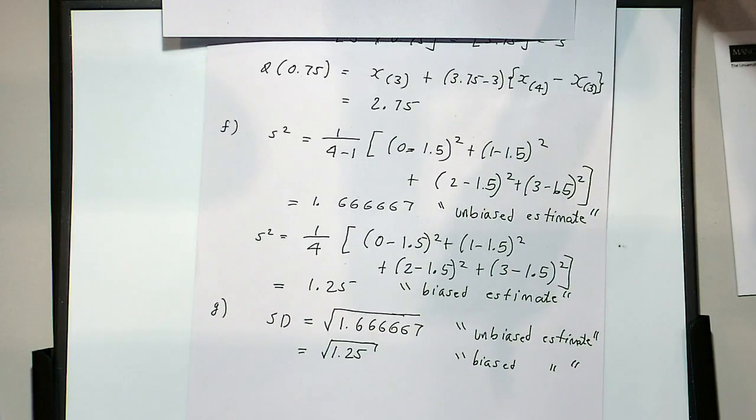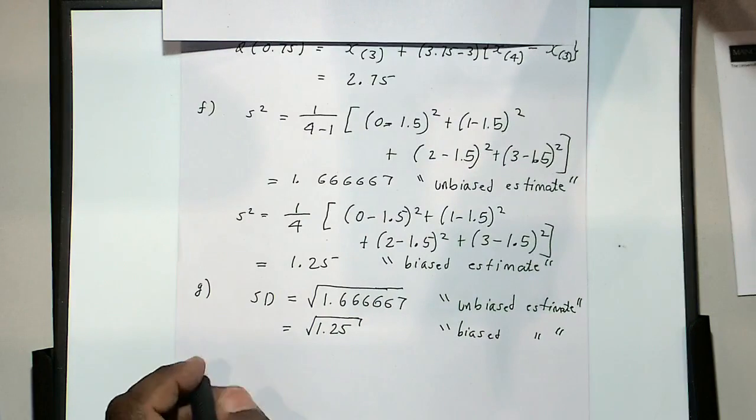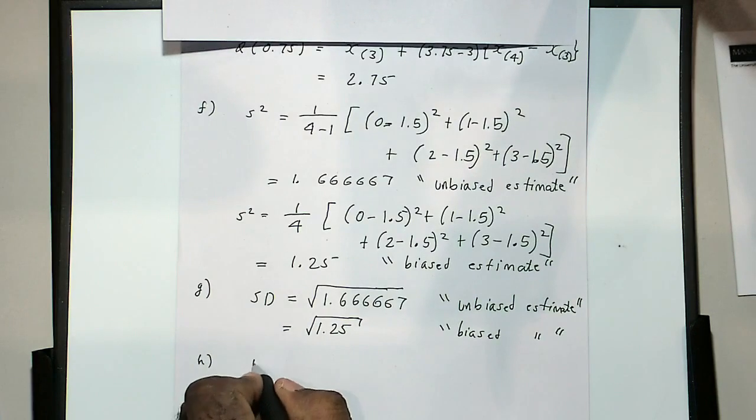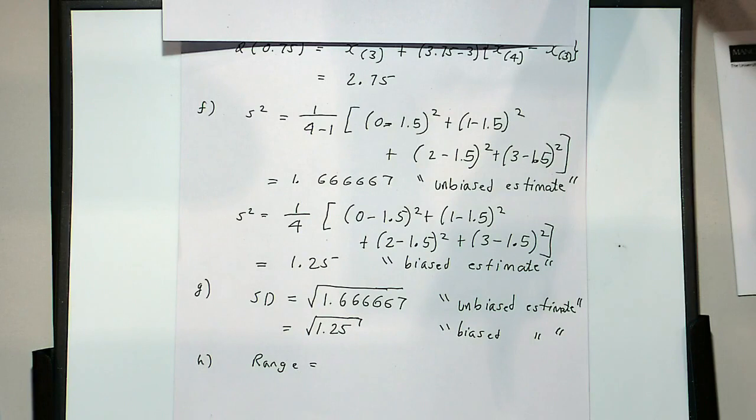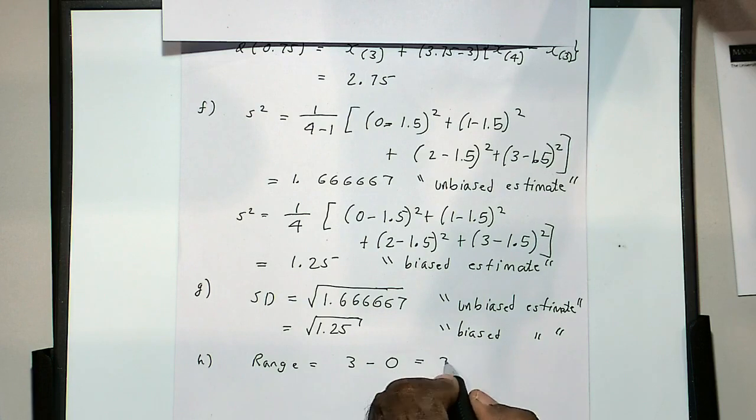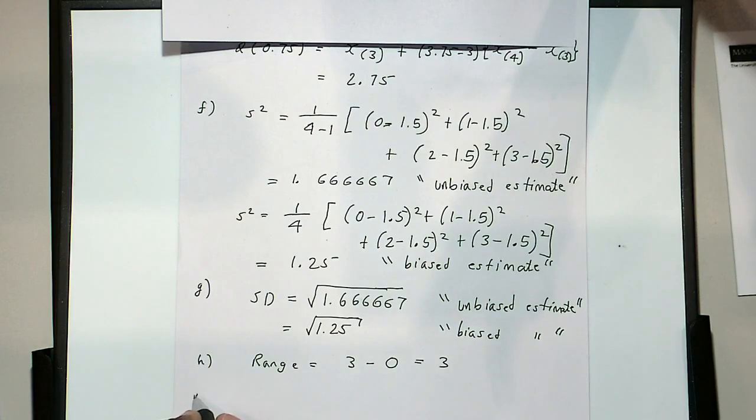And the next one is H, which is the range. Remember, range is the difference between the largest data point and the smallest data point, which is, in this case, 3 take away 0, right, which is 3. And the next one is IQR, or interquartile range. Interquartile range is the difference between the third quartile and the first quartile.